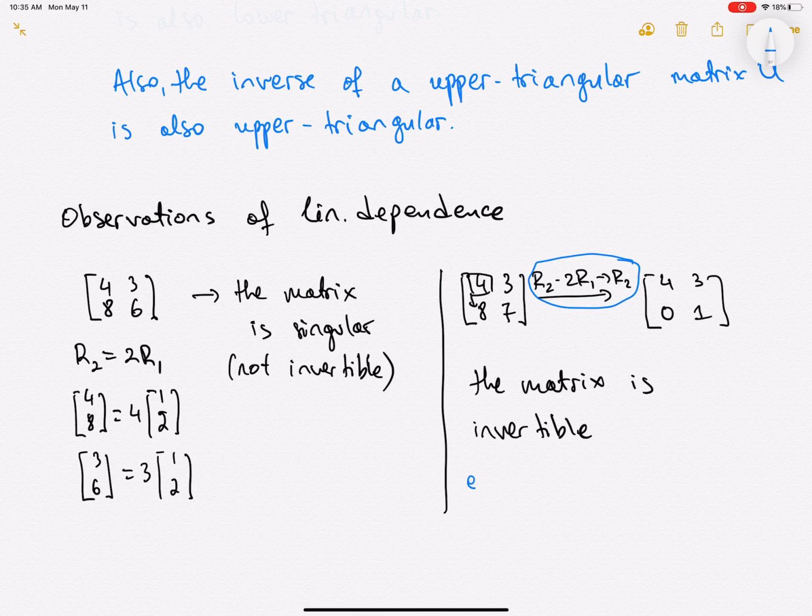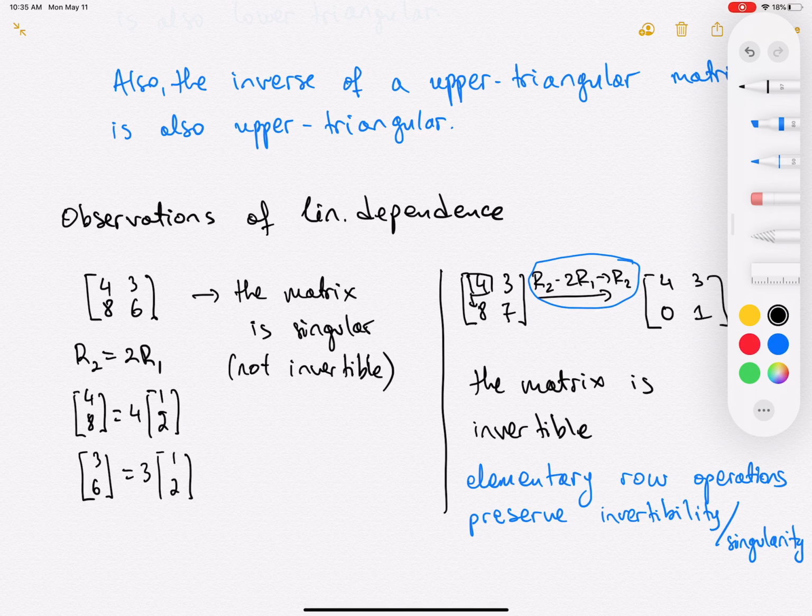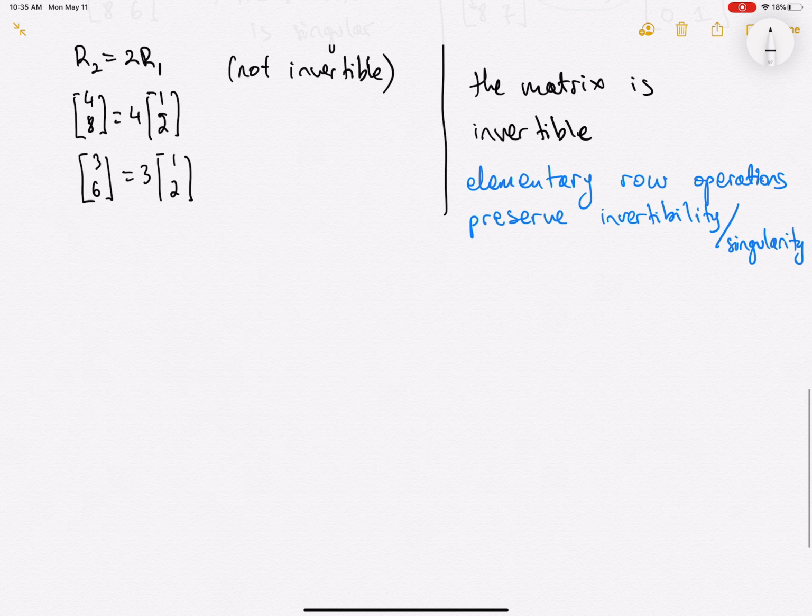So elementary row operations preserve invertibility or singularity. So if a matrix was singular, it would continue to be singular after applying the elementary row operation. And if it was invertible, it would continue to be invertible.